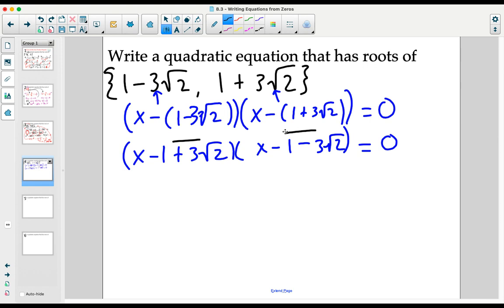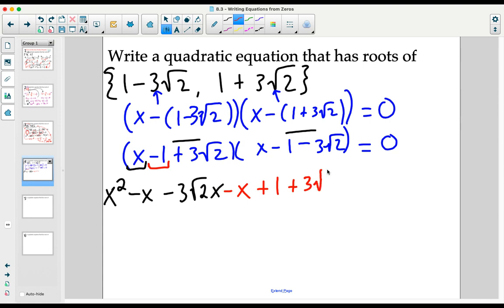If we know that we just have to multiply this, then we're going to multiply it. So let's just run the multiplication straight across. The x from the first parentheses multiplied by everything in the second one. Then the negative 1 in the first parentheses multiplied by everything in the second parentheses.